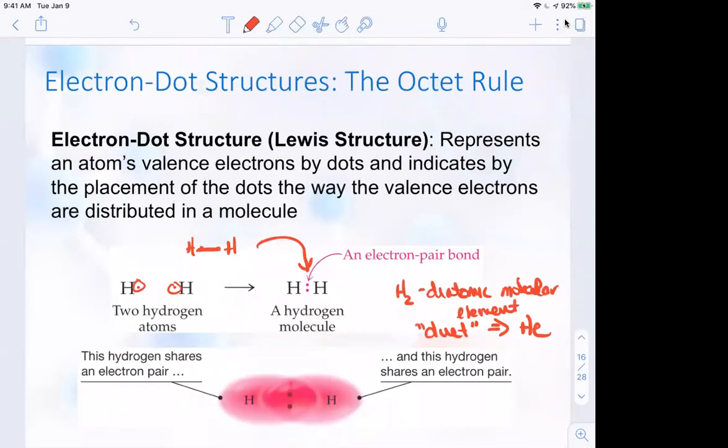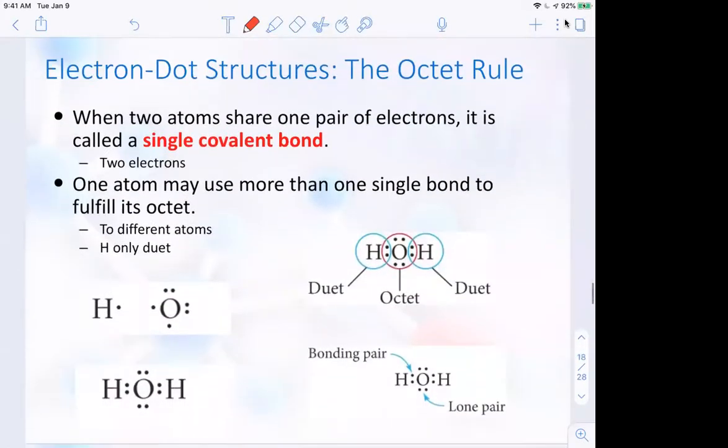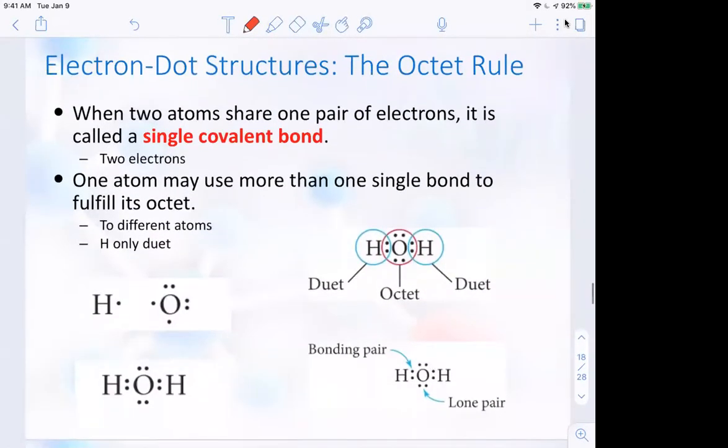So what I see on the bottom here is that this hydrogen is now bonded to the other hydrogen. Each one of those hydrogen atoms donates an electron to form this bonding pair and thus form the molecule. When two atoms share one pair of electrons, it's called a single covalent bond.